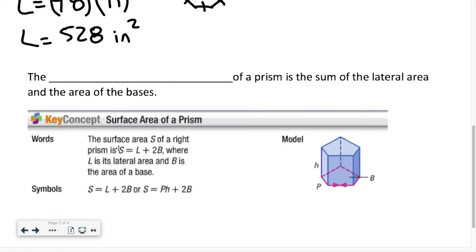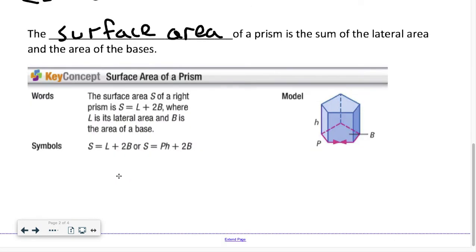Okay. So let's talk about surface area then. The surface area of a prism is the sum of the lateral area and the area of the bases. So you're just going to find the lateral area and the area of the two bases.